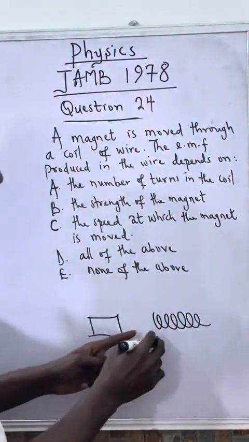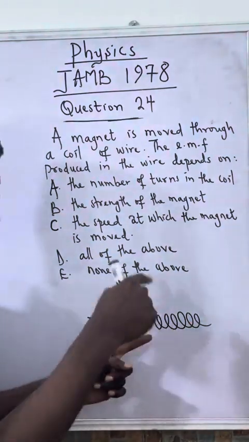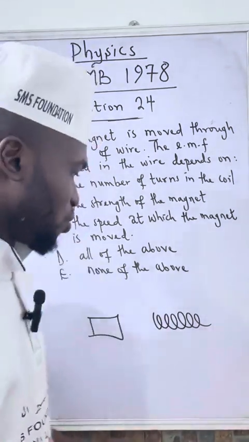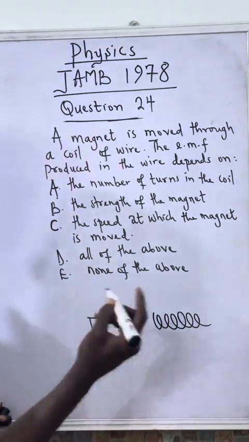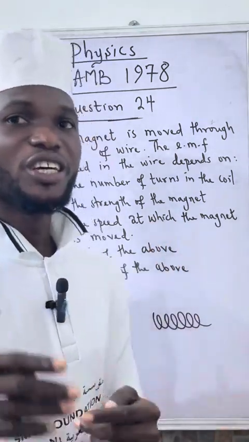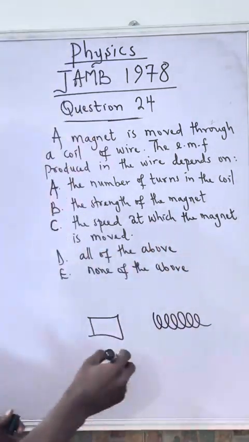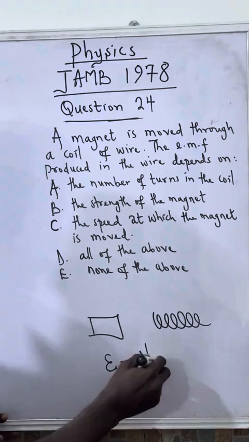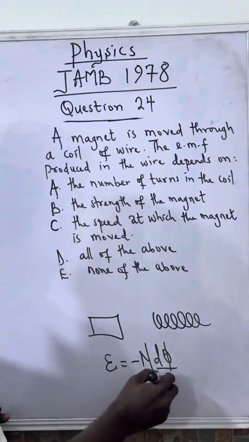Now, the electromotive force that is produced depends on a number of things. From Faraday's law of electromagnetic induction, the electromotive force has the formula negative N d phi dt.